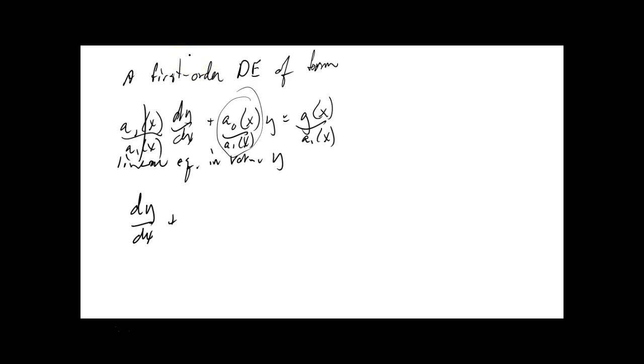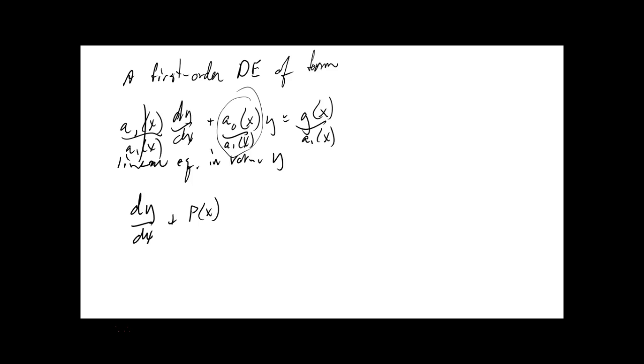Maybe a rational function now. It may be whatever it is. So this, we're going to give a new name, p of x. We didn't like the a's either way, so we named it p. Times y is equal to, and we didn't really like g of x, but when you divide g of x by a1 of x, you still have a function of x. Let's call that f of x. Okay. Now that's a lot better, isn't it?